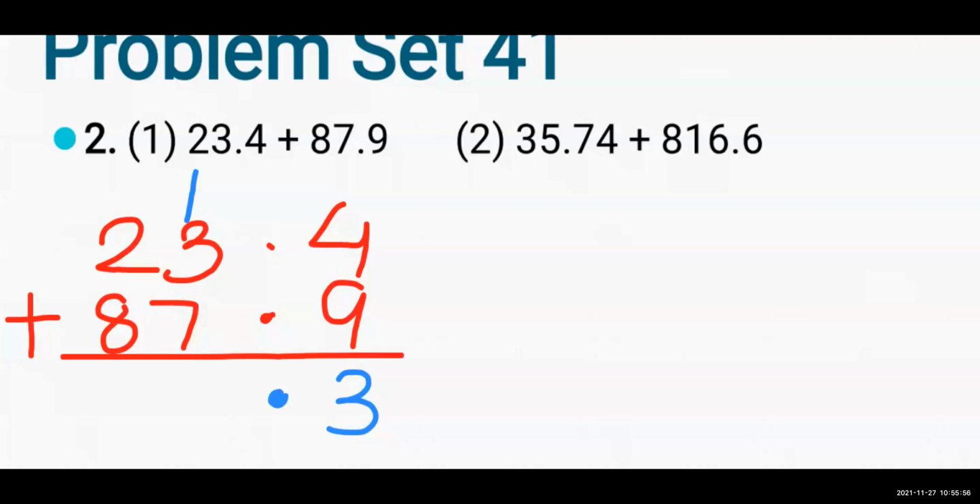So 1 over here and 1 carried. Now 8 plus 2, 10. 10 plus 1, 11. So what is the answer? It is 111.3. What is the answer? 111.3. Clear? Now I'll explain you the second sum.